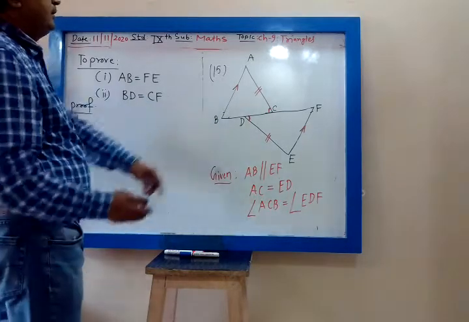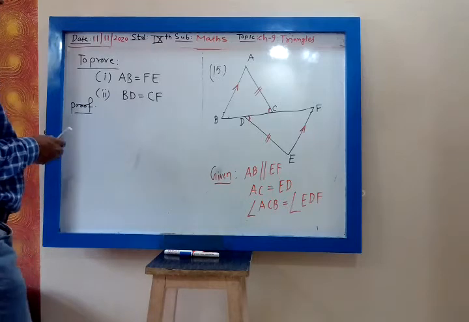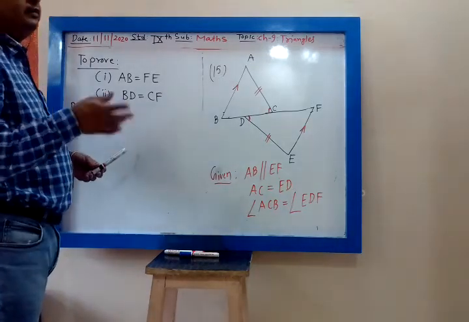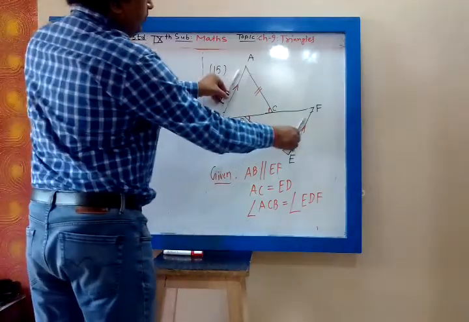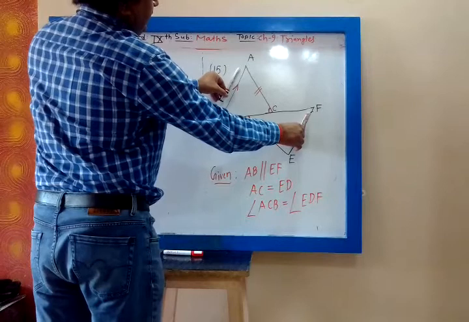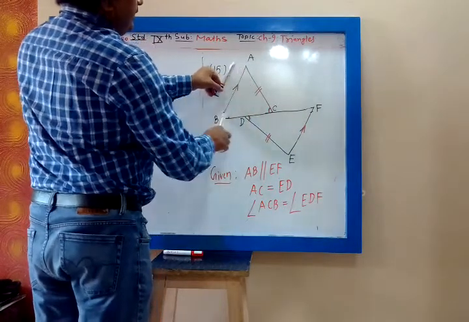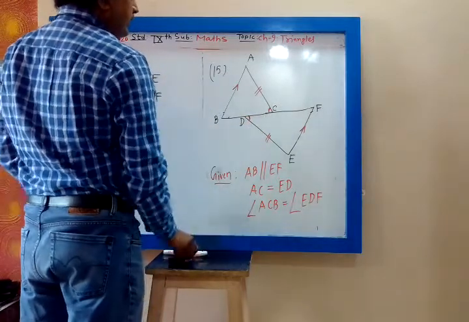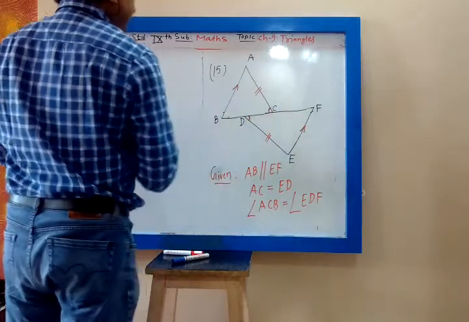We consider AB is equal to FE. Now you tell me, AB and FE, they are sides of these two triangles, triangle ABC and triangle EFD.